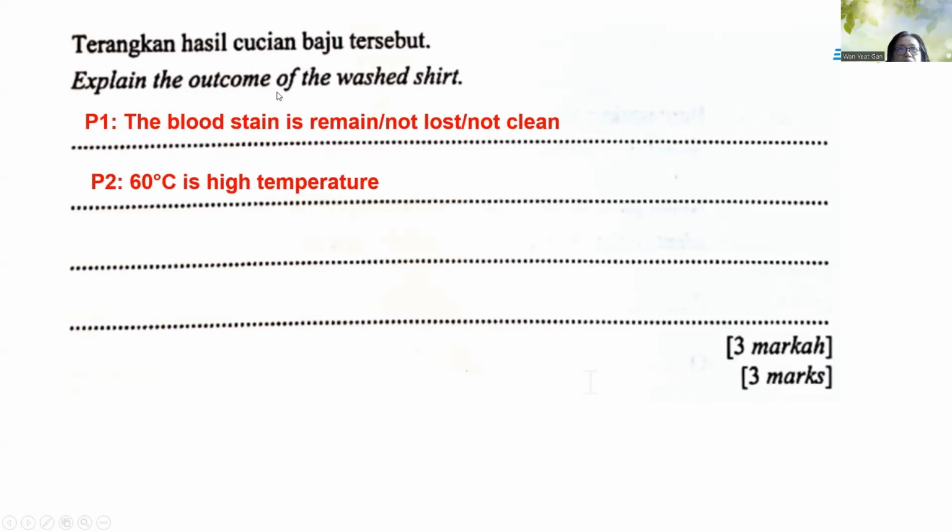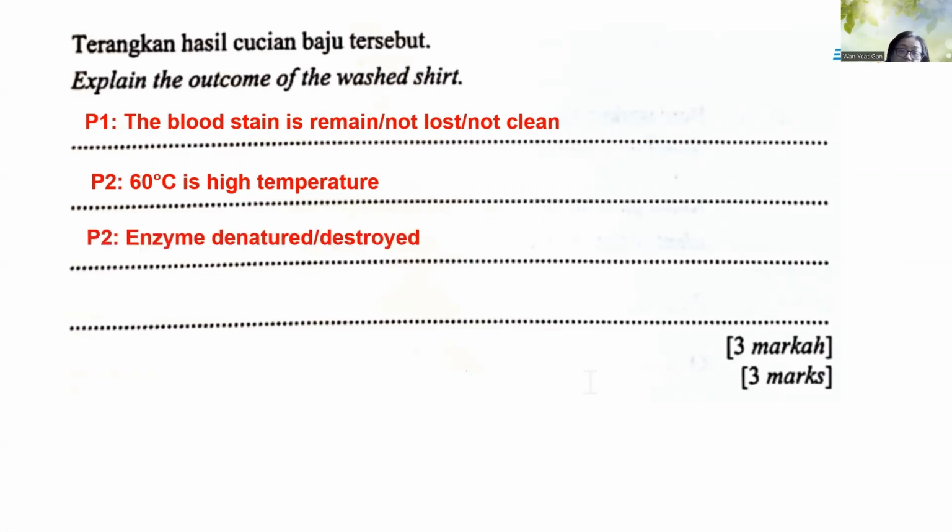First we talk about the outcome. The outcome is that the blood stain remains, right? From the diagram, you can see that the blood stain on the shirt still remains. Because 60 degrees Celsius is too high a temperature for this enzyme to work best. Therefore, the enzyme has become denatured.